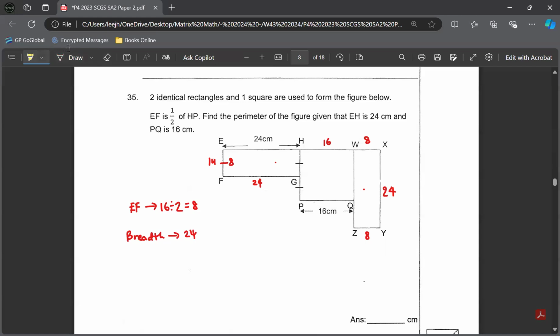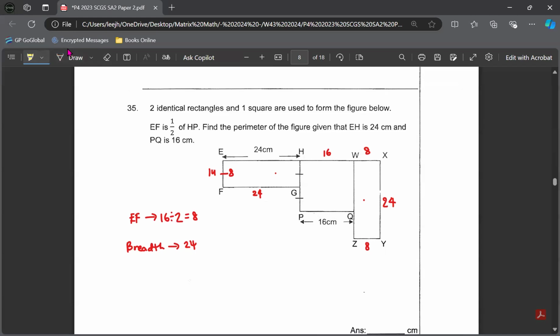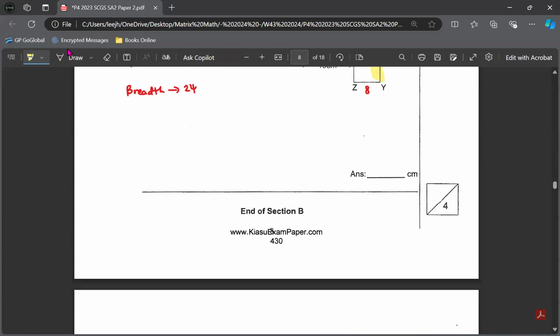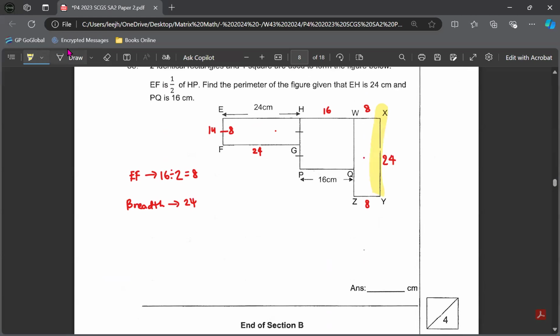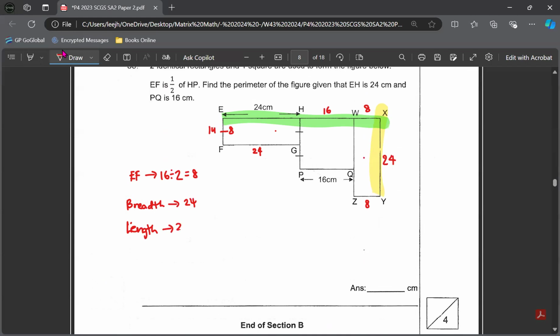So the length you have to find out this whole thing. How to find? You just add the measurements. The length of the figure will be 24 plus 16 plus 8, which is 48.